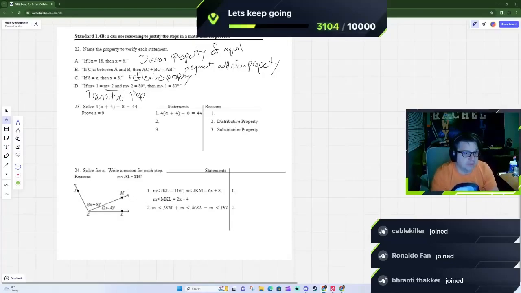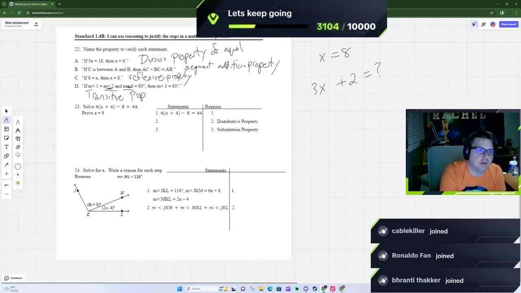So setting them equal together is sort of like substitution. If I know x equals 8 and 3x plus 2 equals what, I'm going to substitute that 8 in for x and solve that out. That's sort of what they're trying to do here, but because it's repeated twice, they use a thing called the transitive property.